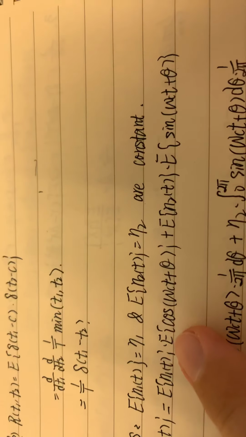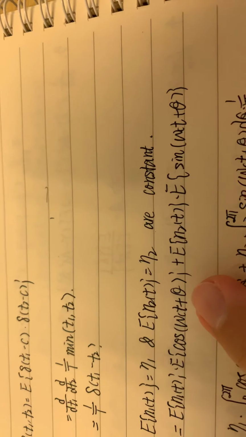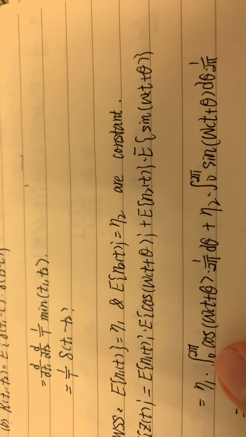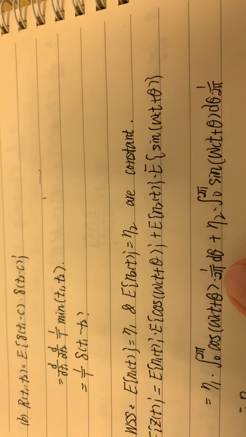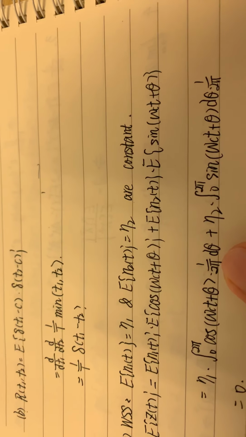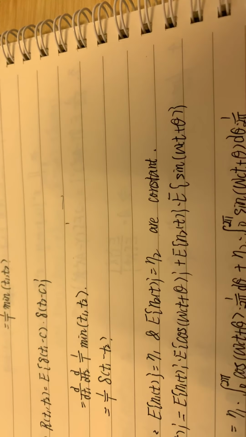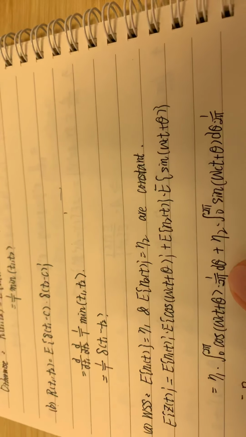For both of these two expectations, we know that the random variable is theta, and we integrate from 0 to 2 pi with the density function 1 over 2 pi, since theta is uniformly distributed from 0 to 2 pi.